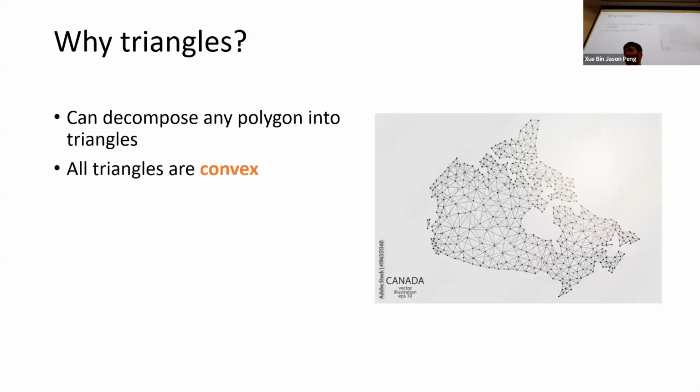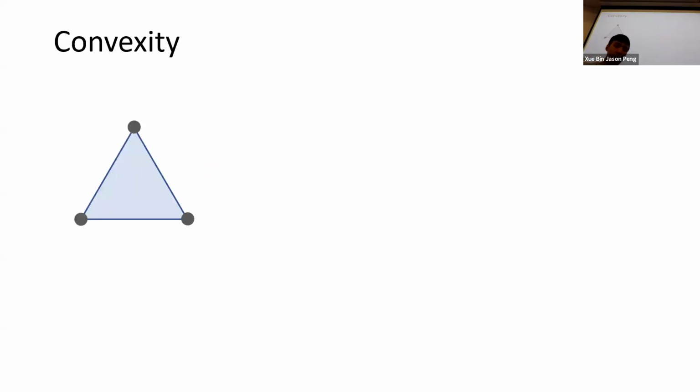Another very nice characteristic of triangle meshes is that all triangles are guaranteed to be convex. As a little reminder of what convexity means: we say a shape is convex if we can pick two points inside the shape, any two points we want, and we can draw a line connecting those two points, and the line that connects these two randomly sampled points will be fully contained within the shape.